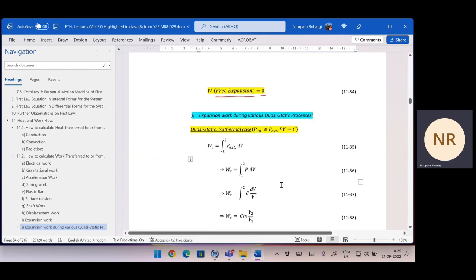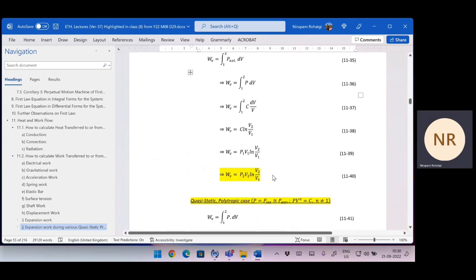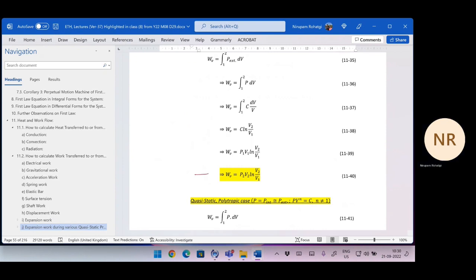Now we move to the normal solutions where we are talking about quasi-static and isothermal. So when you say that external pressure is the same as the internal pressure, and we also put a condition that it is the isothermal case, that is PV is equal to constant, you will get the formula that work done is equal to P2 V2 into ln V2 by V1.